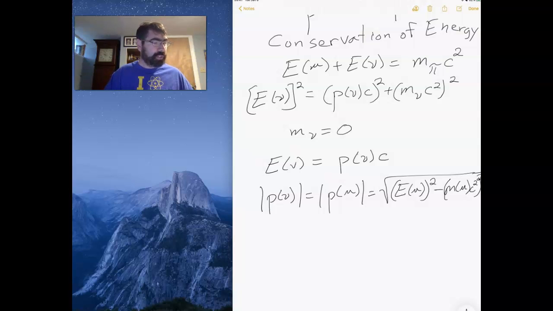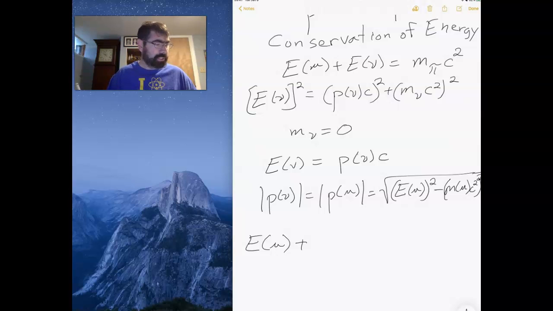Okay, so now let's put all this into our equation. So if we look at our conservation of energy equation, the energy of the muon plus the energy of the neutrino, which is just equal to the momentum of the neutrino.